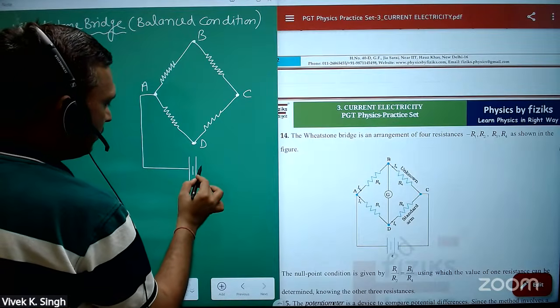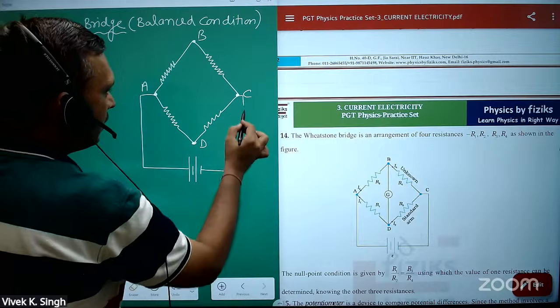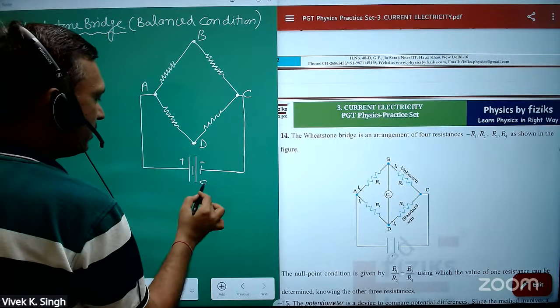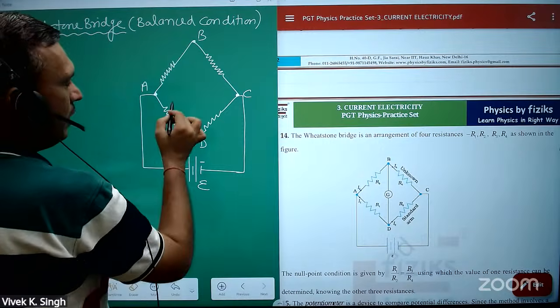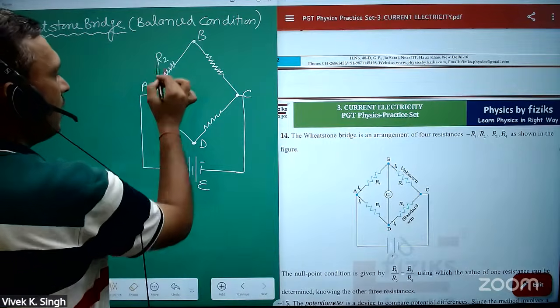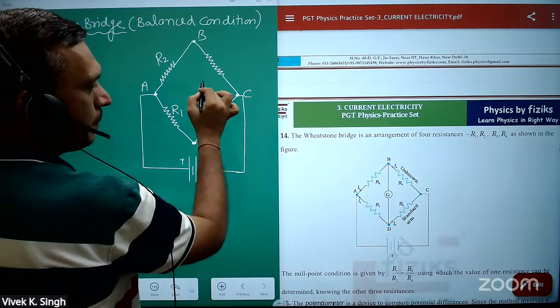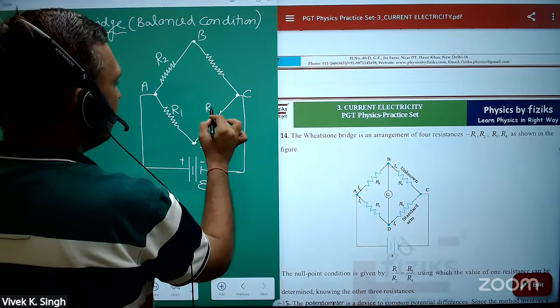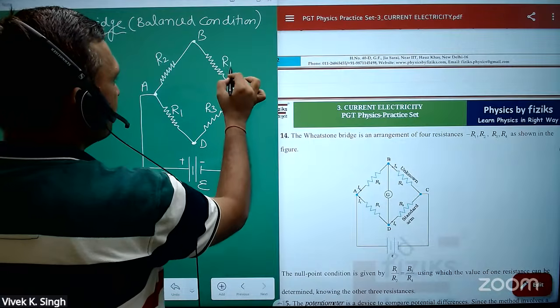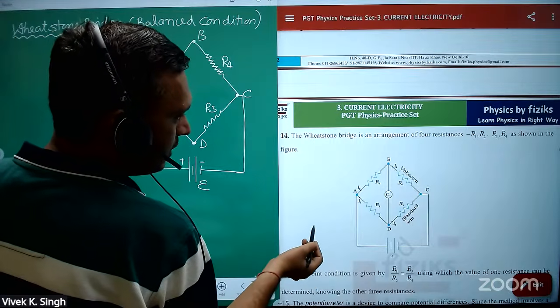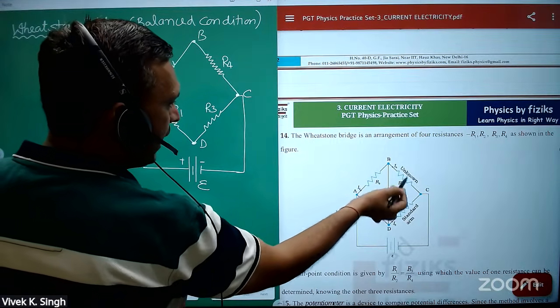Let's see, we have a battery having EMF. I'm taking internal resistance to be 0, and this resistance is R2, this is R1, this is R3, and this is R4. R4 is unknown, R3 is the standard R. So we have to find the unknown resistance.